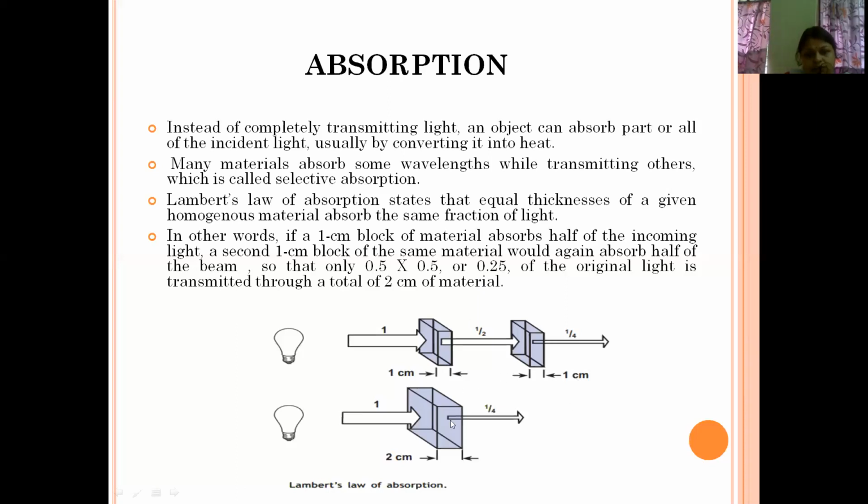So 1 plus 1 equals 2 centimeters. So the 2 centimeter block transmits 1/4, that means 0.25 of the original light. This is called Lambert's law of absorption.